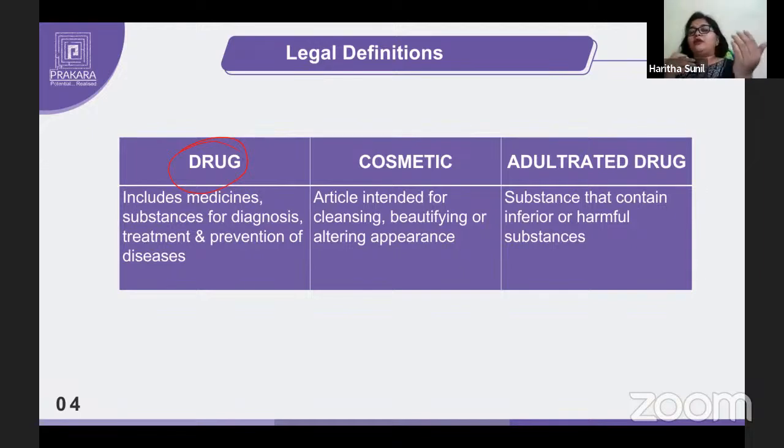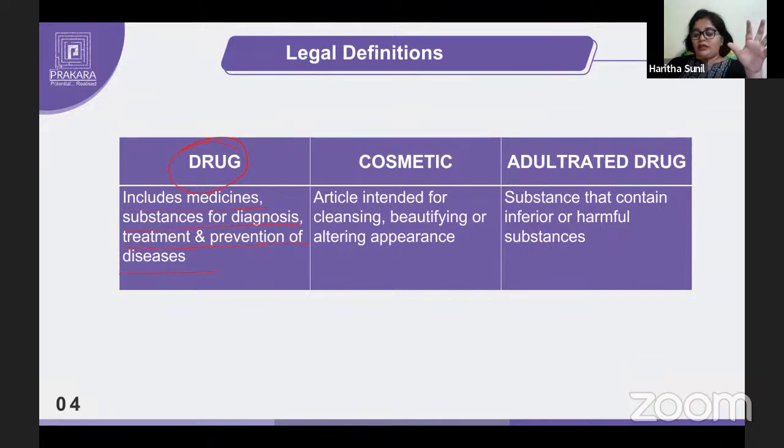But in normal usage, we also use the word drug abuse, right? So any narcotic drugs, psychotropic drugs, come under drugs. So there is nothing wrong in using the word drug, because here drugs includes medicine and substances for diagnosis, treatment, prevention of disease.